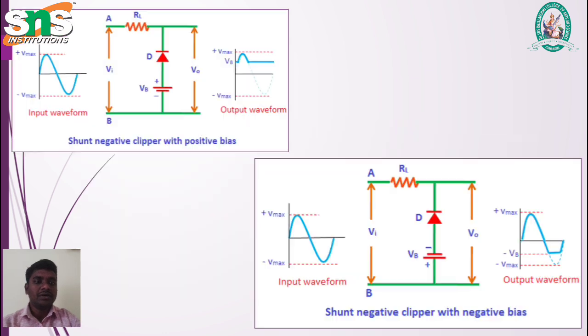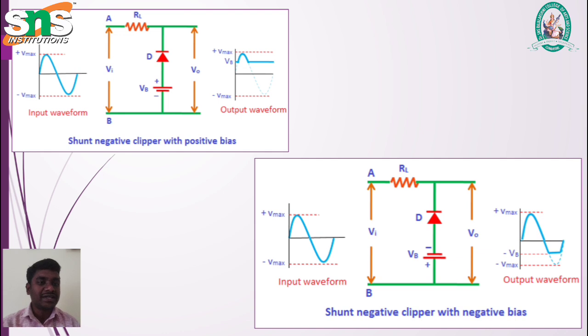If we use biasing with the negative clipper, with positive bias we will get the total negative waveform cut off and part of the positive waveform cut off, so only the top of the hump is seen from the positive half. This is the positive biasing.